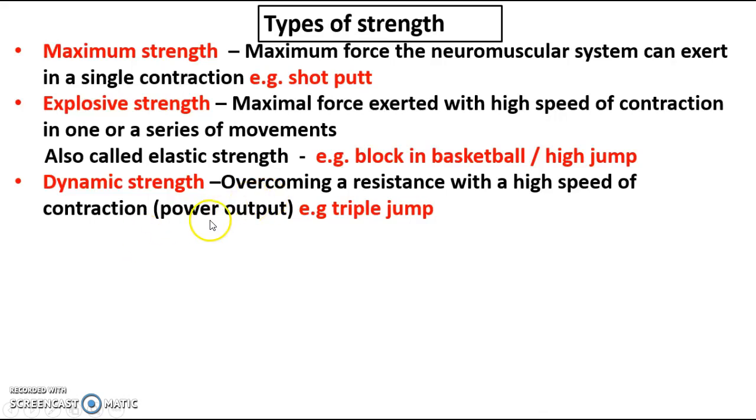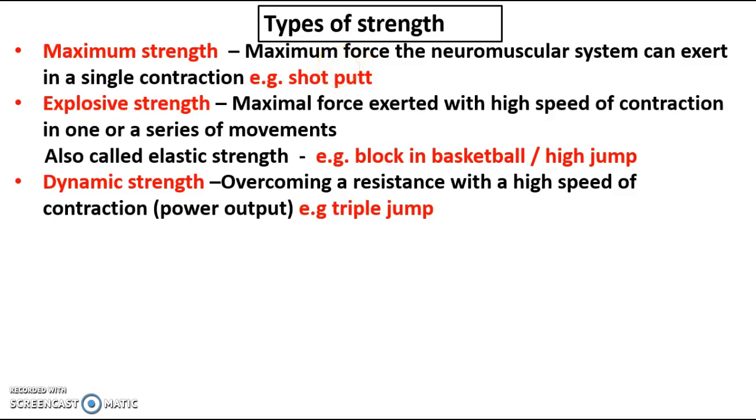I put power output in brackets there, because in GCSE PE you would have used the word power, as a combination of speed and strength. And that is what this is. For example, a triple jumper, when they're getting into their 3 steps, the hop, the step, the jump, would be an example of dynamic strength, overcoming the resistance to the floor with a high speed of contraction and power output.